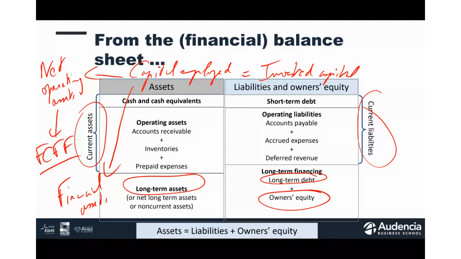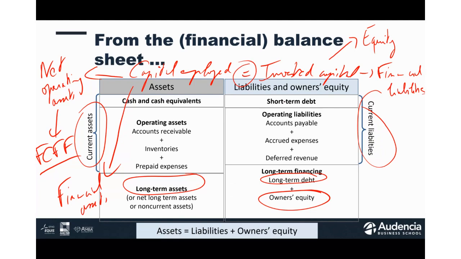On the other side, how do you finance the net operating assets? It means operating assets minus operating liabilities in the short term and the long term. And how do you finance the financial assets? With the equity and the financial liabilities. So we keep a balance sheet balanced, but now it's different.